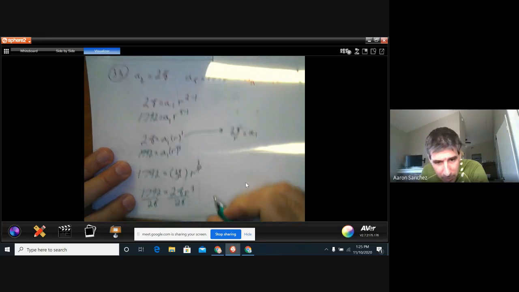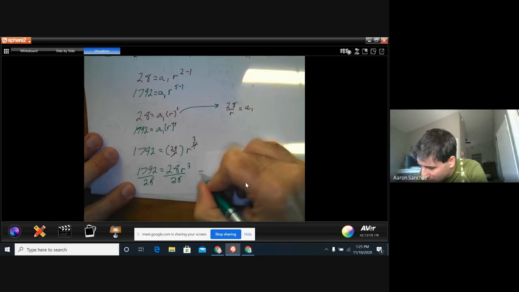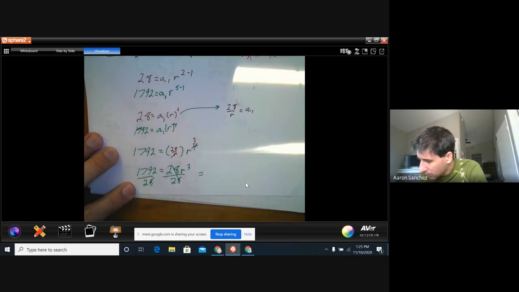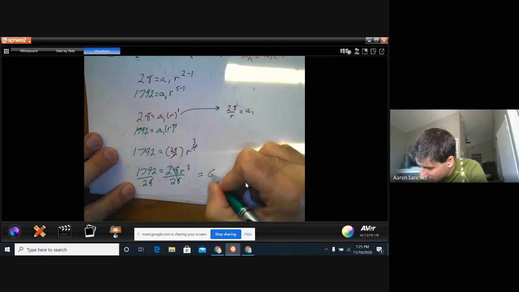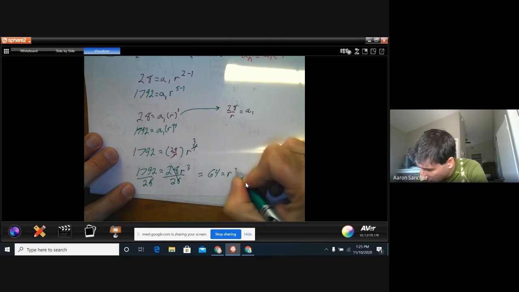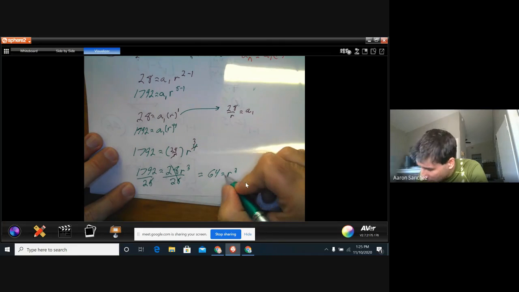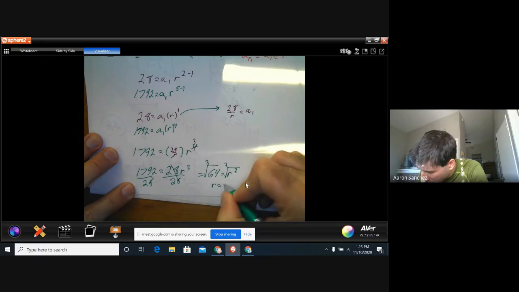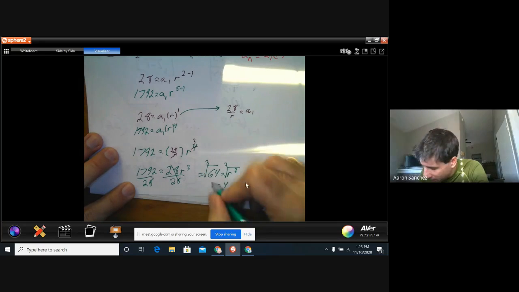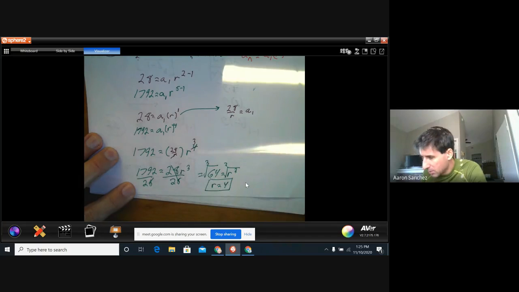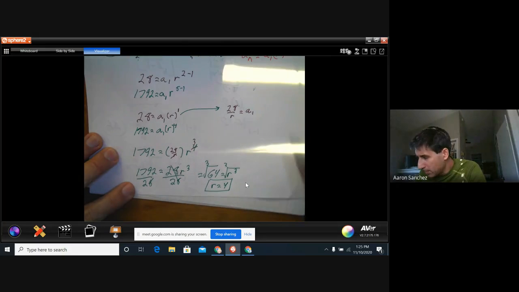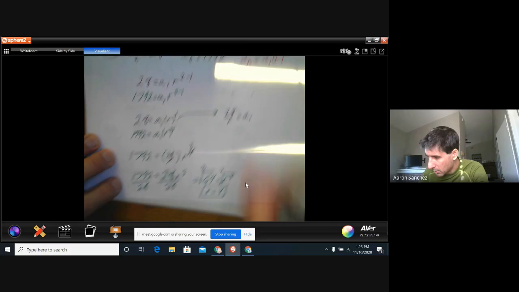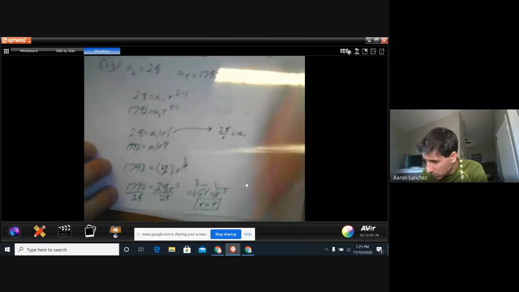Am I in the camera still? And then that cancels. 1792 divided by 28 is 64 equals r to the 3rd. You take the cube root, and r equals 4. So now I have an r. There's a lot of steps, so let me review what I did.